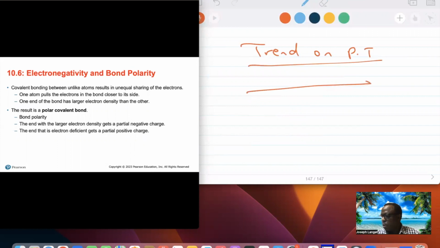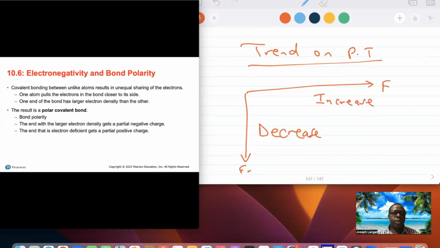It increases as you go from left to right on the periodic table. As you go down, it decreases. Francium is the least electronegative. Fluorine is the most electronegative on the periodic table.